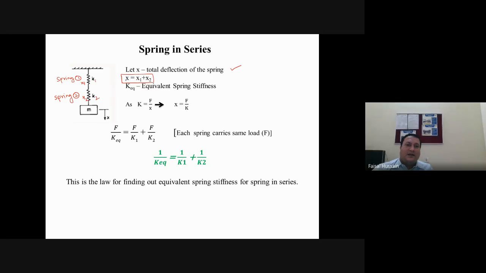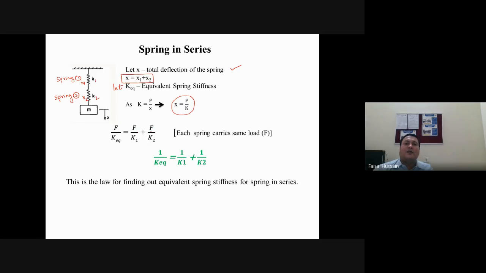Similarly, let K equivalent, K eq, be the equivalent spring stiffness. We know that stiffness is load or force per unit displacement or deflection. So displacement will be force per unit stiffness. So if I assume it as our mother equation, force upon K equivalent will be force upon stiffness of spring 1 plus force upon stiffness of spring 2.